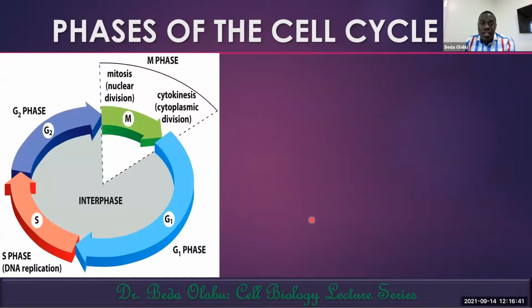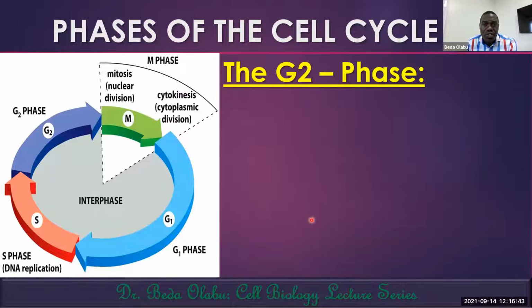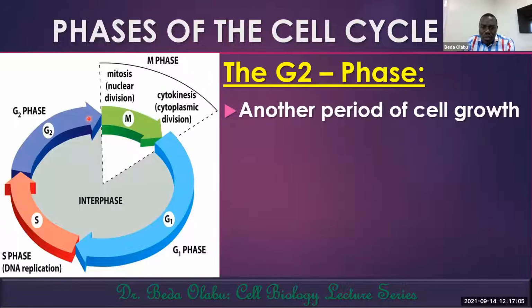Okay. After the S phase, the cell goes into the G2 phase. As I told you, G stands for gap. So the gap 2 phase, this part here, is a period after DNA replication. It is also a period when the cell will continue to grow.